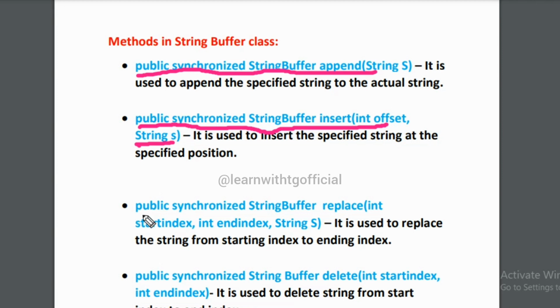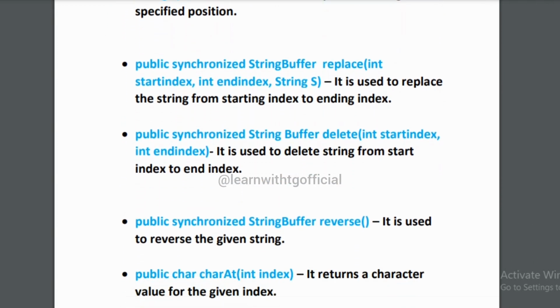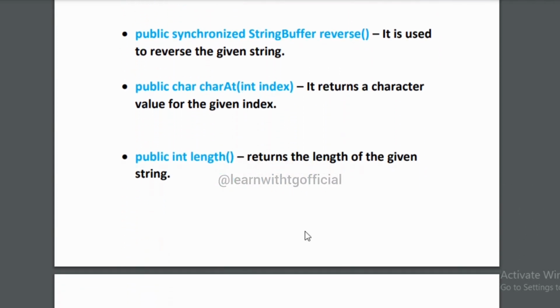Next, public synchronized StringBuffer replace(int startIndex, int endIndex, String s) is used to replace the string from the starting index to the ending index. Public synchronized StringBuffer delete(int startIndex, int endIndex) is used to delete the string from start index to end index.